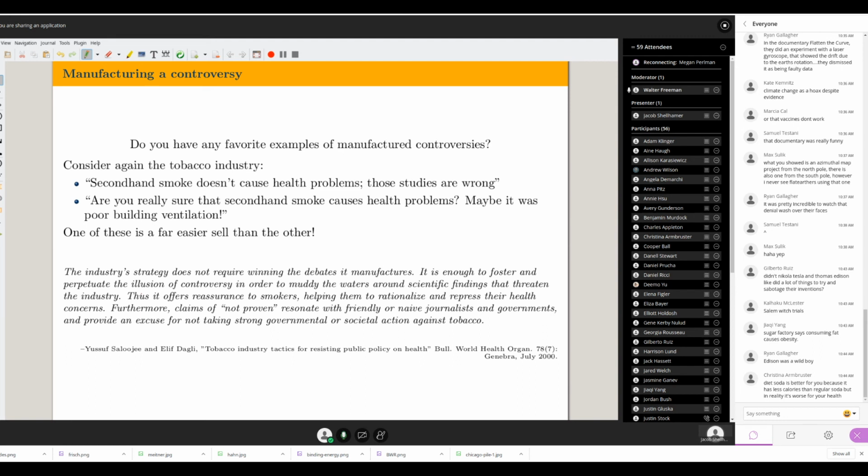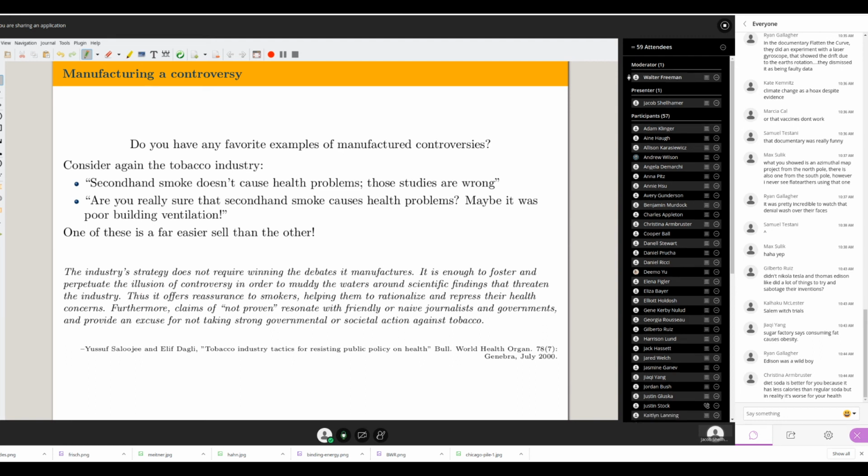The industry's strategy does not require winning the debates it manufactures. It is enough to foster and perpetuate the illusion of controversy in order to muddy the waters around scientific findings that threaten the industry. Thus, it offers reassurance to smokers, helping them to rationalize and repress their health concerns.